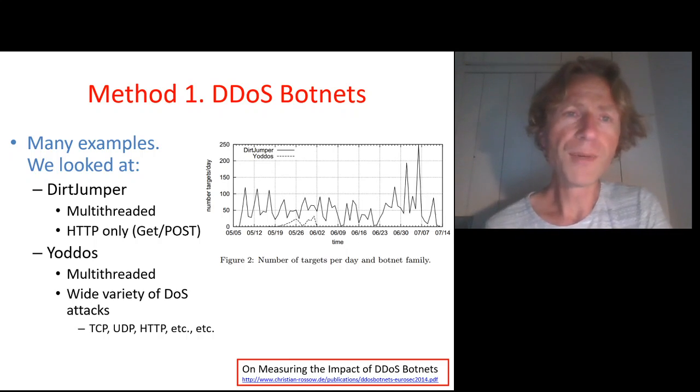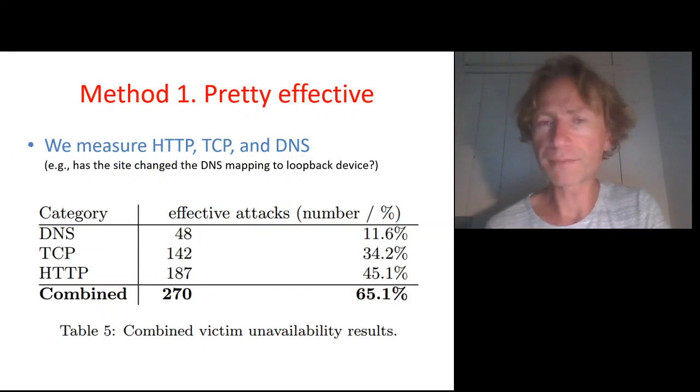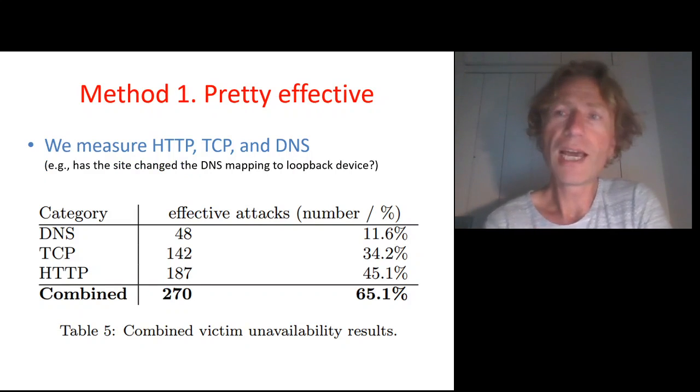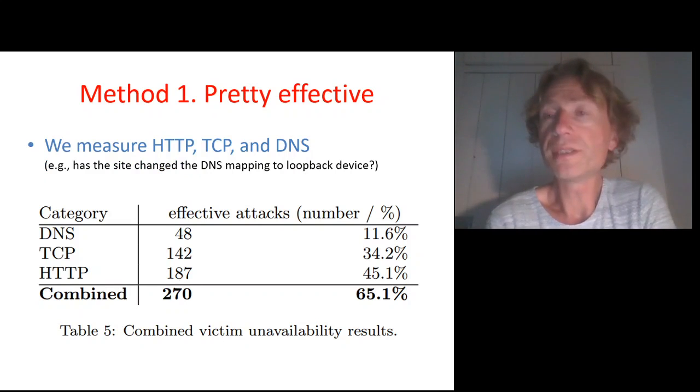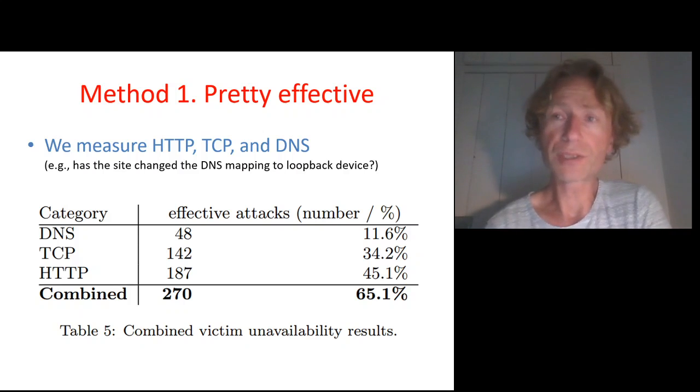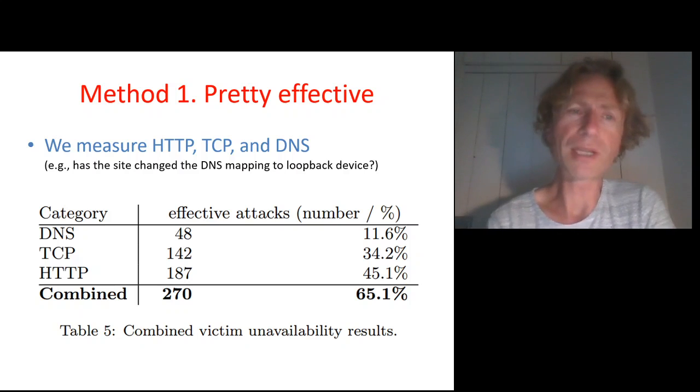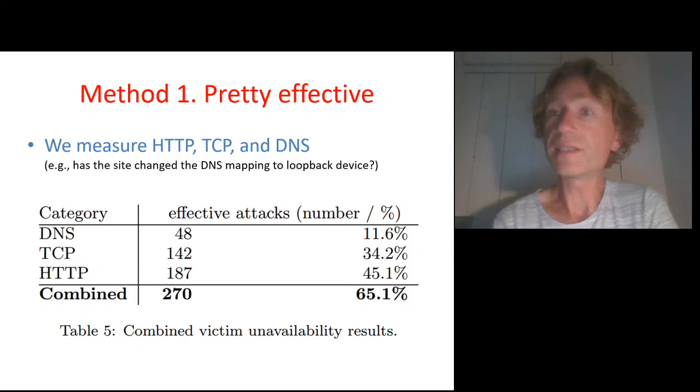Okay. And we try to measure how effective they are, right? So we try to see how often they succeed in at least making the target suffer. And suffer could be that we can't reach it anymore, or that it slows down, or that something has changed in the DNS handling, right?